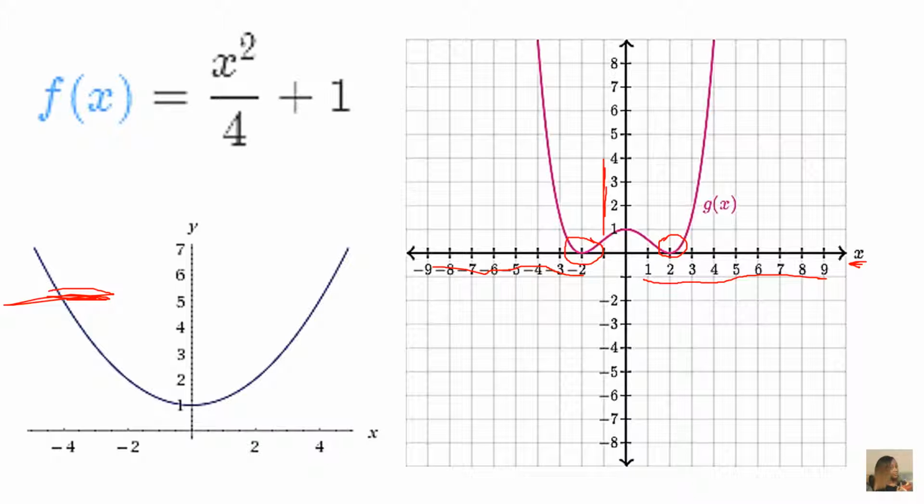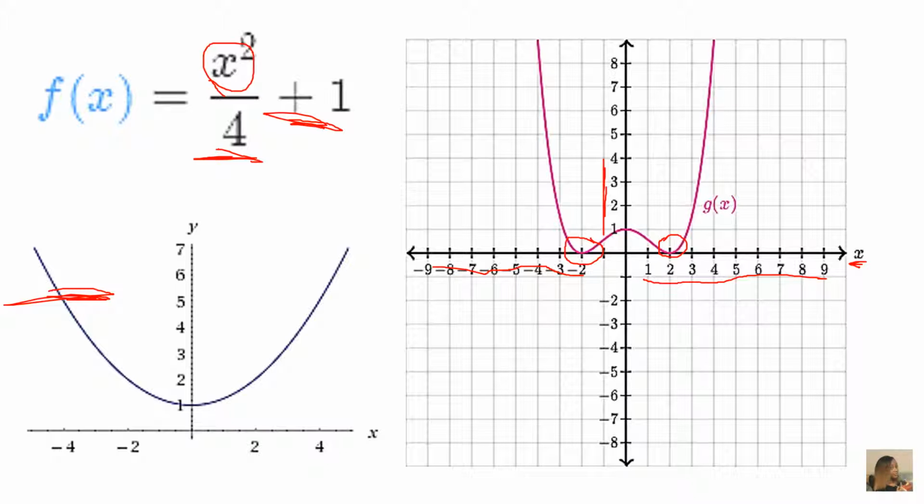And again, we expect a parabola because of the x squared, but it's a flattened or widened parabola rather than compressed. It's made flatter because we're multiplying everything by 1/4. And then we have a vertical shift of +1, okay?